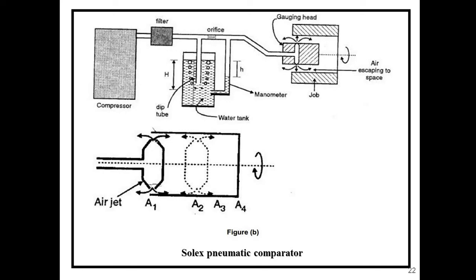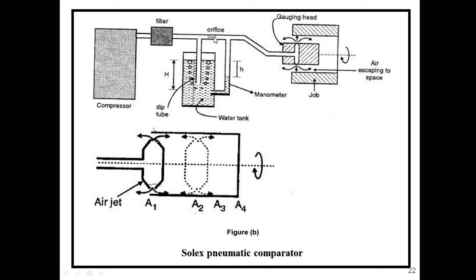From here, this is the compressor, it is going to provide the compressed air. This air has to be filtered. There should not be any kind of dirt. So the air is filtered, and that air is made to pass through this orifice, which is called the control orifice.